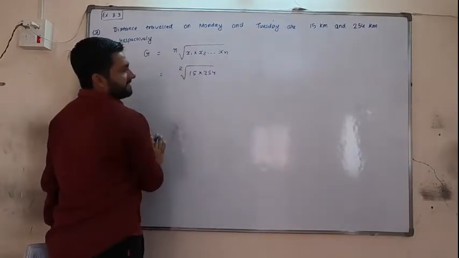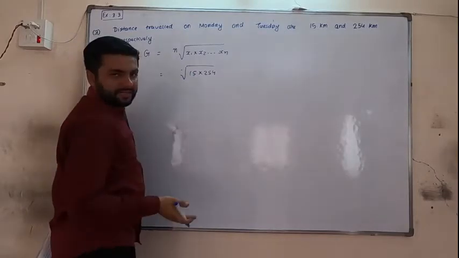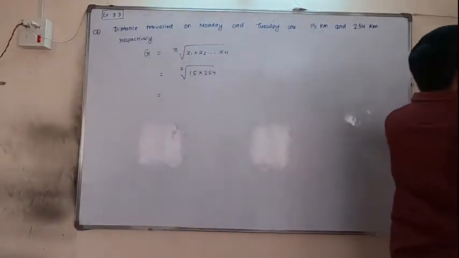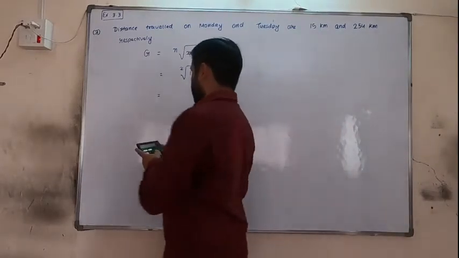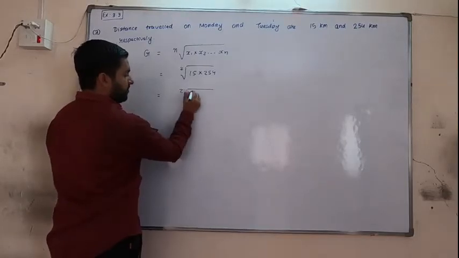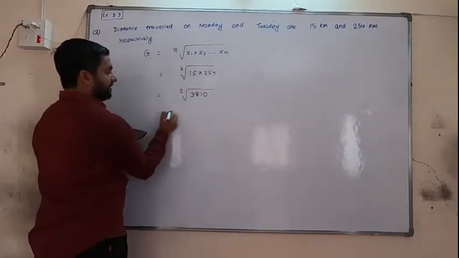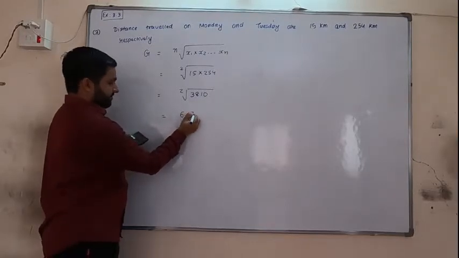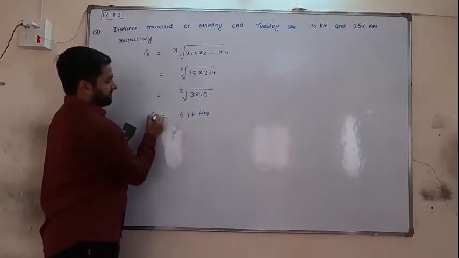If you write the second root here, or if you don't write it, it is one and the same. If you need, you write it, otherwise you don't. It is up to you. 15 into 254 is 3810, so take the square root of 3810. Press the button one time only. 6.17 kilometers.